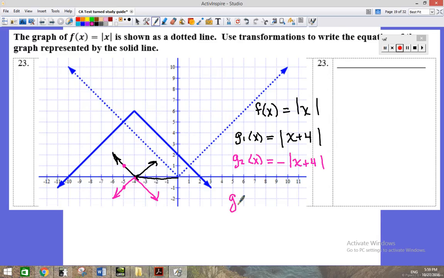Well, that's going to be my final answer. It takes the resulting graph that we've been working towards, and to go up is to add to the output, and it's plus 6, just like you would expect it to be. On the outside, you do the multiplication before you do addition or subtraction, and positive is up and negative is down, exactly what you thought it would be. So there's our answer for problem number 23, and I hope that helps.